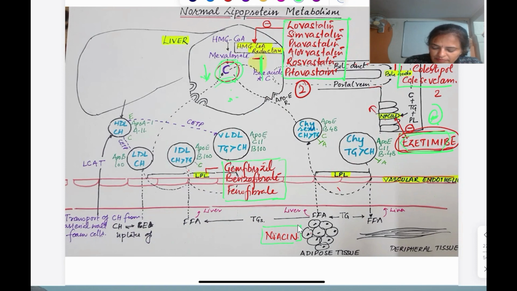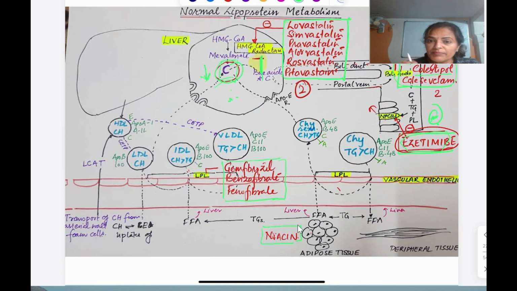Number 3 is bile acid binding resins, that is cholestyramine, and colesevelam. How they act: they bind with the bile acid, and the cholesterol that is with it, and ultimately get excreted, and they inhibit the enterohepatic circulation of that bile acid.